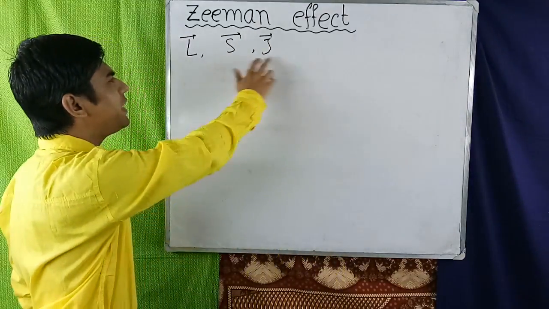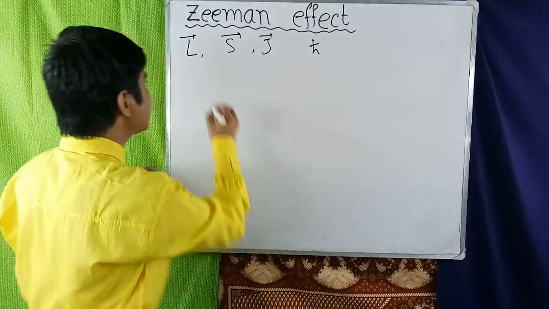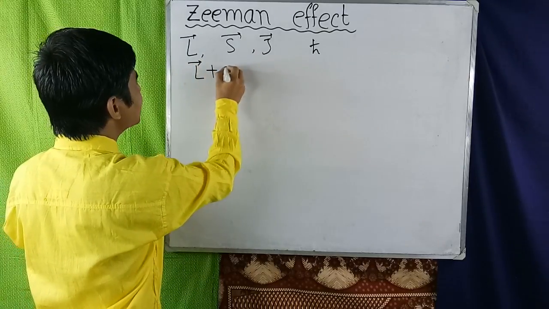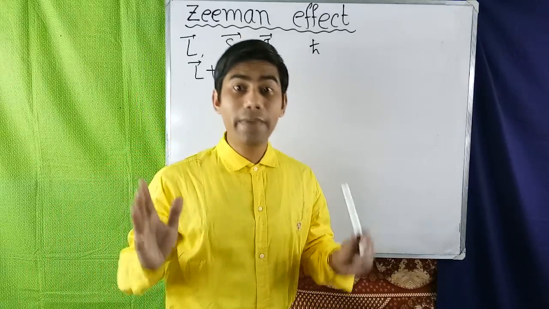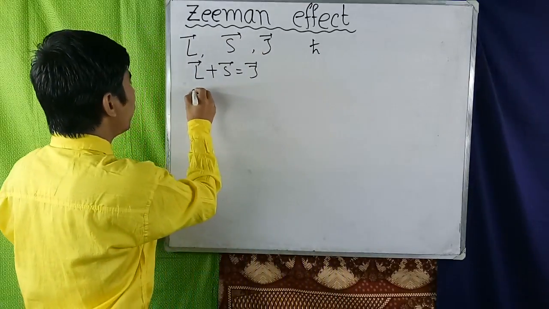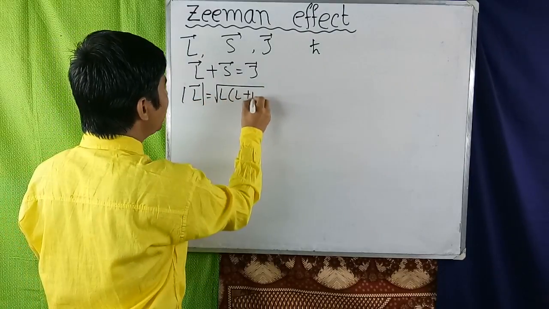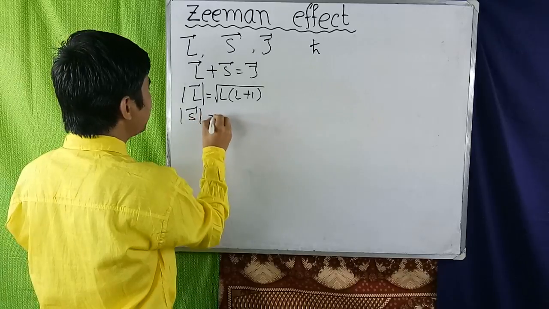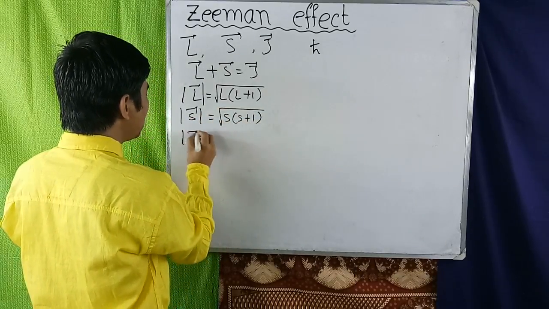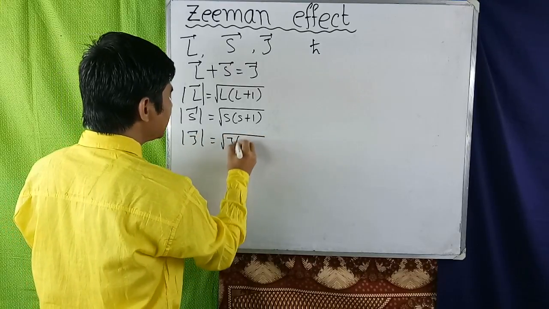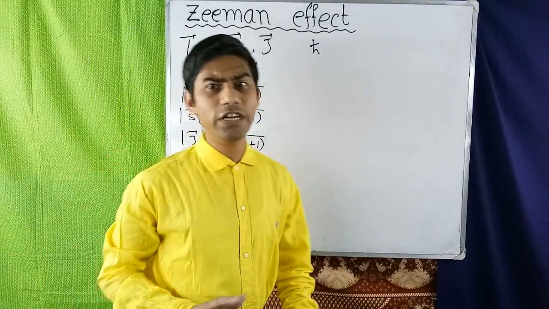Then, all being expressed in the unit of h cut, they are related as L vector plus S vector equals J vector. Okay. And their magnitudes are given by modulus of L vector equals root over L into L plus 1, modulus of S vector equals root over S into S plus 1, and modulus of J vector equals root over J into J plus 1. Okay. All being expressed in the unit of h cut.